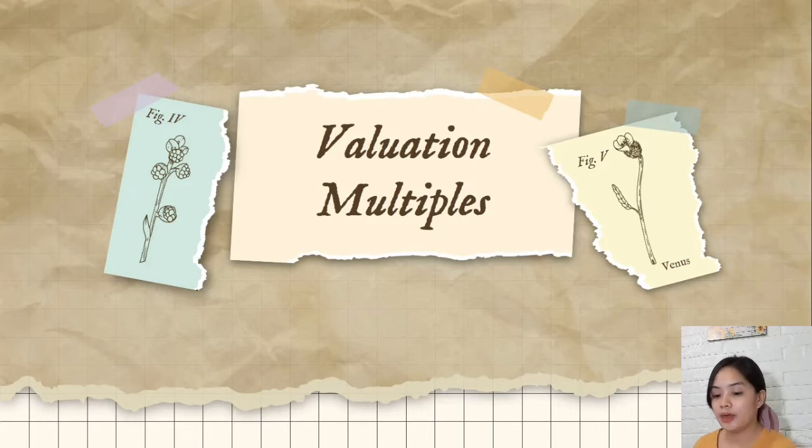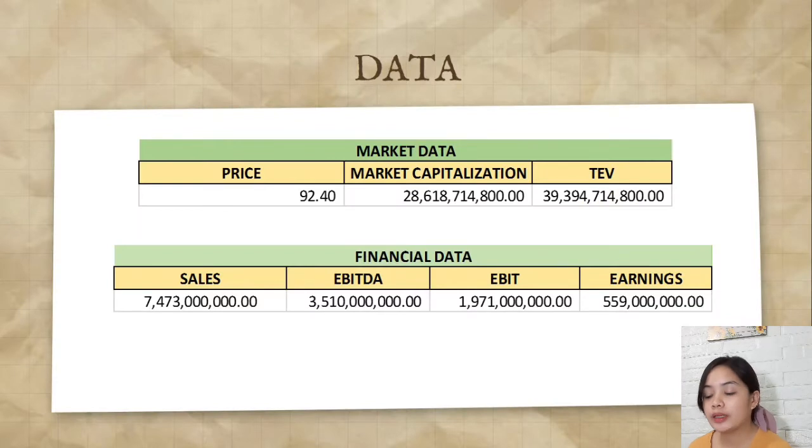Next, we have our valuation multiples. We have here our market data, which is already given for our chosen publicly listed company. We have our price of 92.40, which we can also see in our equity value, which the previous reporter has discussed.